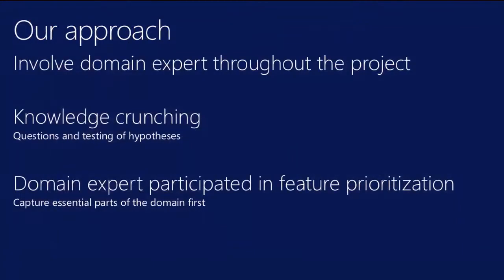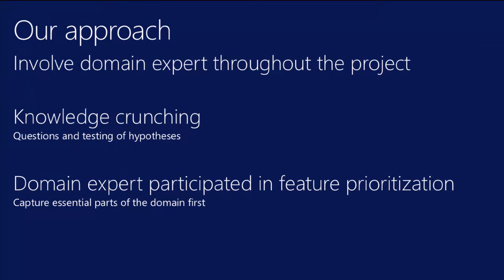So what we did was essentially involve the domain experts throughout the project. We did a lot of knowledge crunching. We sat down with the domain expert. We had questions. We had a lot of hypotheses, and we tested those. And the domain expert really participated in every discussion about the model that we had.